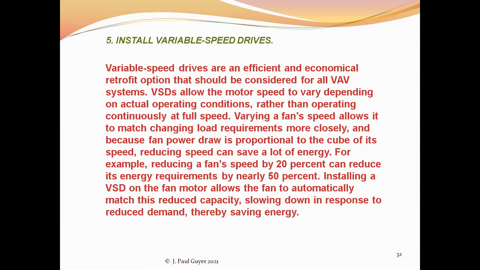And the electronic controls sum up all of these requirements for the various zones and reduce or increase the speed of the fan to reduce or increase the quantity of air that is being delivered.